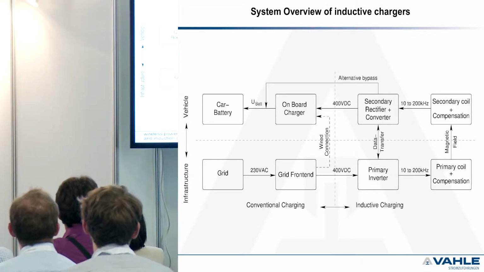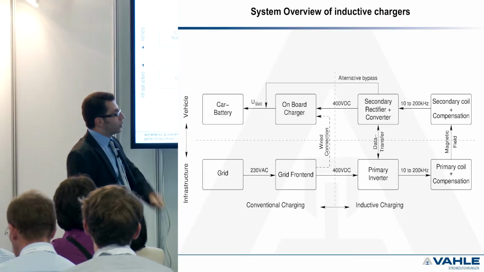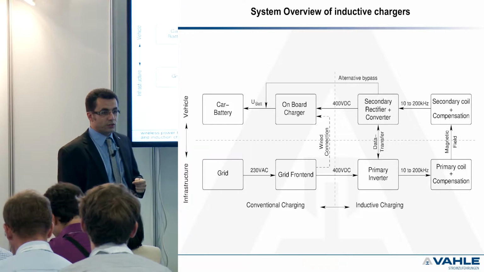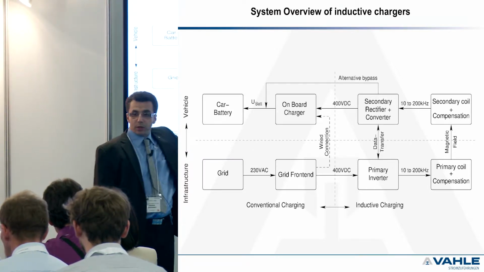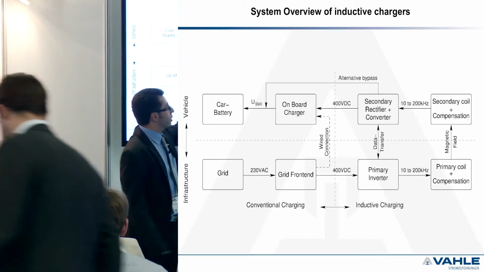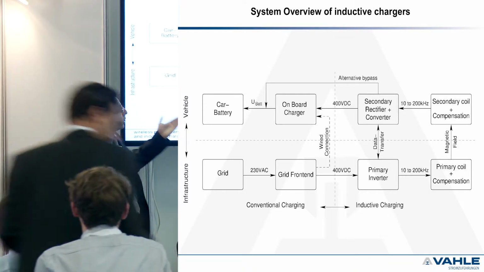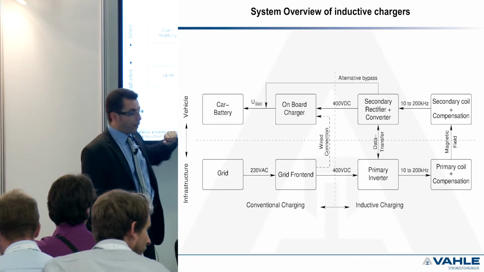You can add components. These are the parts on the right to create a wireless charging system. You add the primary inverter, then the primary coil and the compensation capacitors. Exactly the same on the secondary part. You got a coil and a compensation. And then rectify the AC to DC.